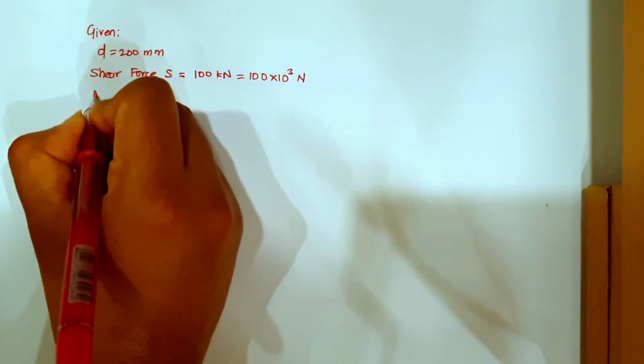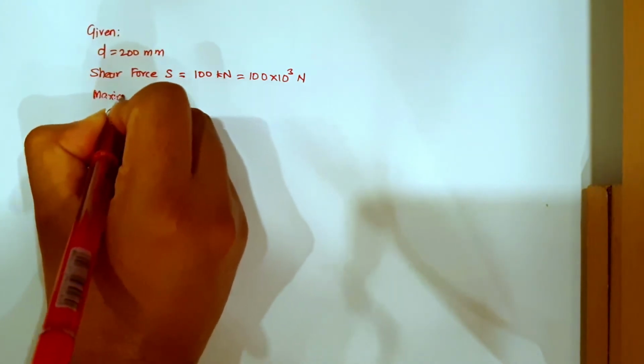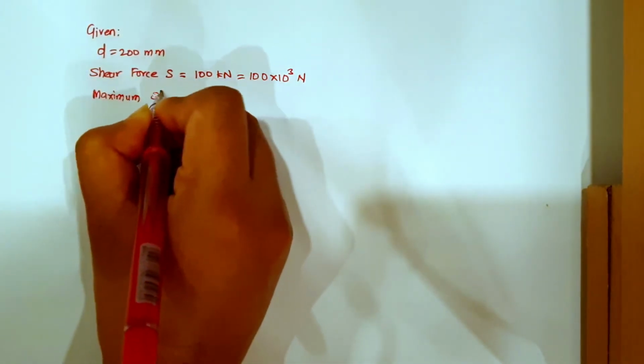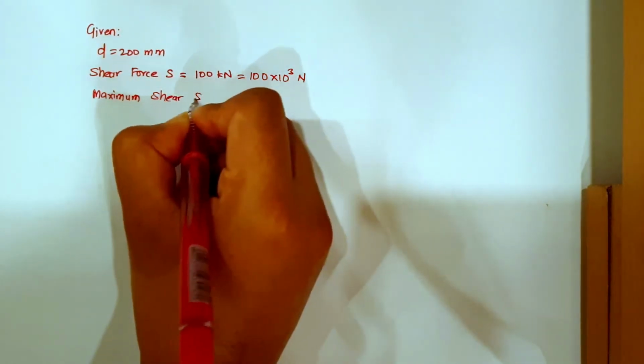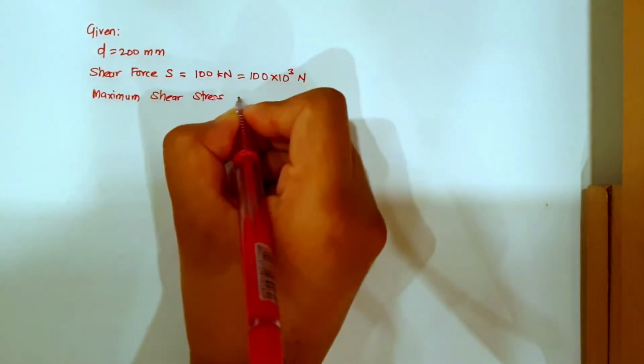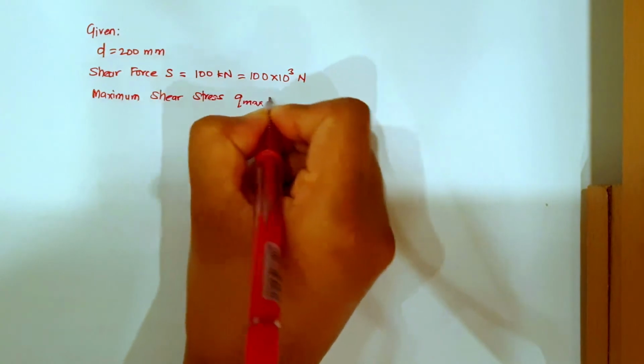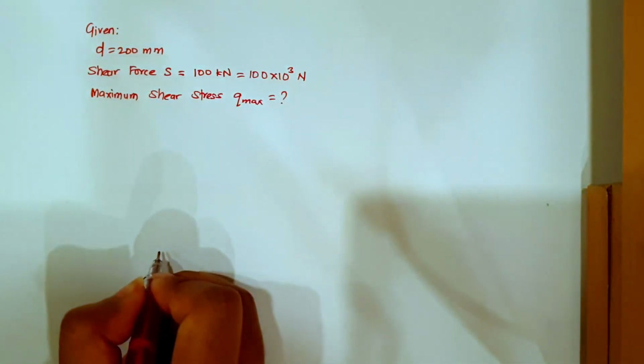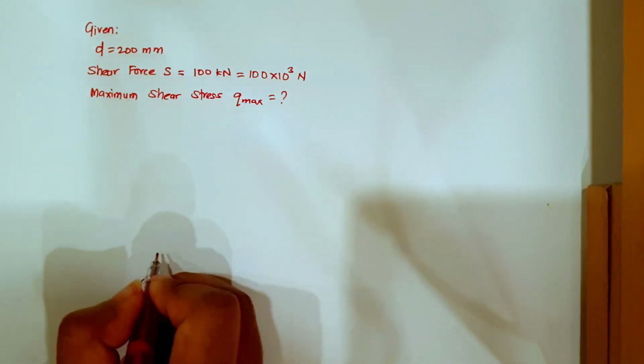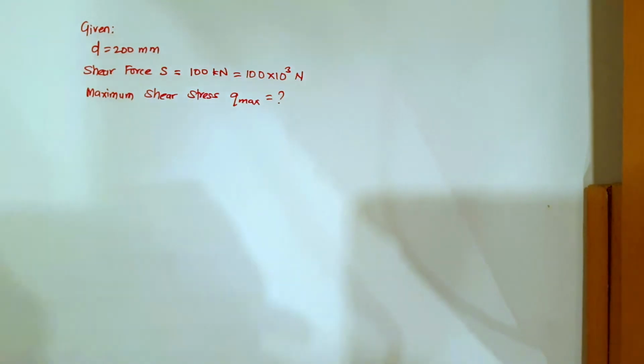Then calculate maximum shear stress developed in this section. So we need to find maximum shear stress, which is Q max equals to question mark. Then we need to draw shear stress distribution diagram across the beam cross section. Okay, so let us start.